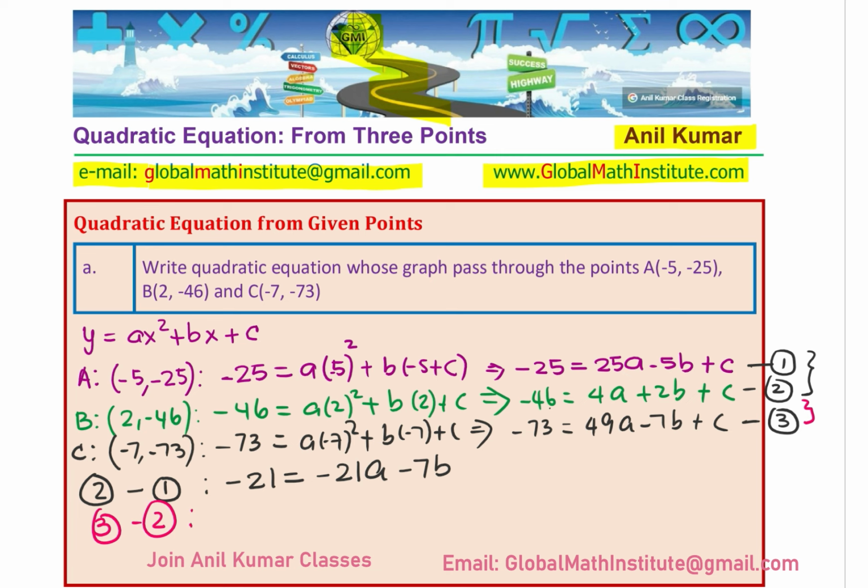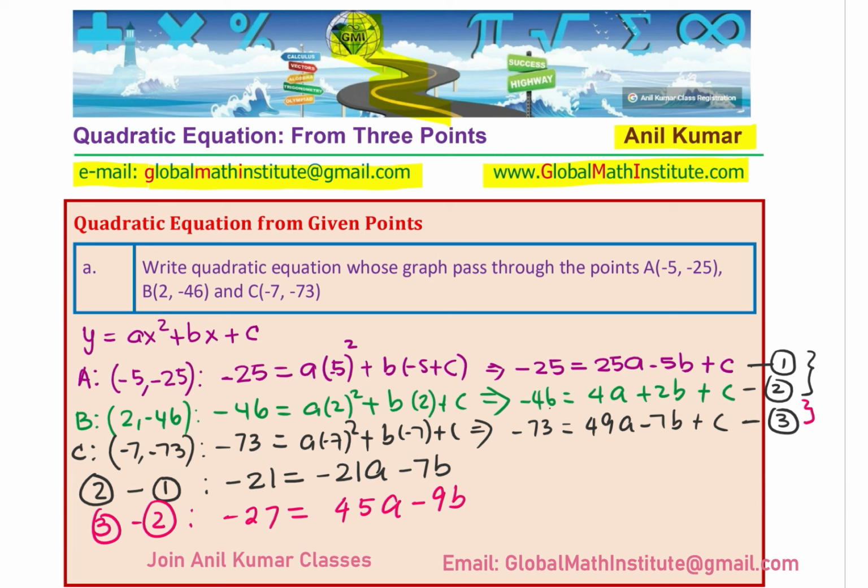So -73 minus (-46) gives -27, equals 49 minus 4, that is 45a, and -7 minus 2 will give us -9b. C cancels. So now we get these two equations and we can simplify them.